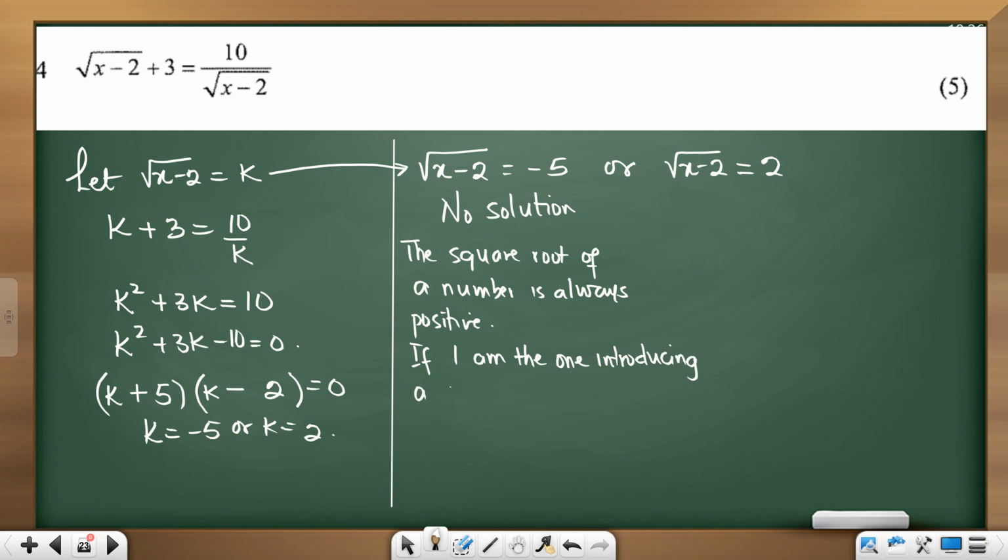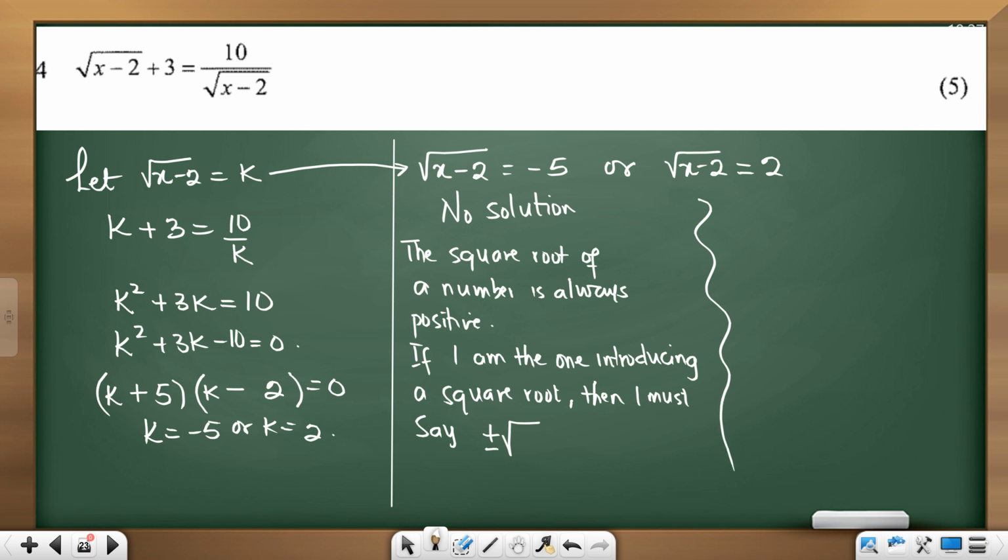If I am the one introducing a square root, then I must say plus or minus root. Guys, if you are the one who said let's find the square root of both sides and you are solving, then you must have a plus and a minus. But if the thing already has a square root, you are not allowed to put plus or minus, and this has no answer.